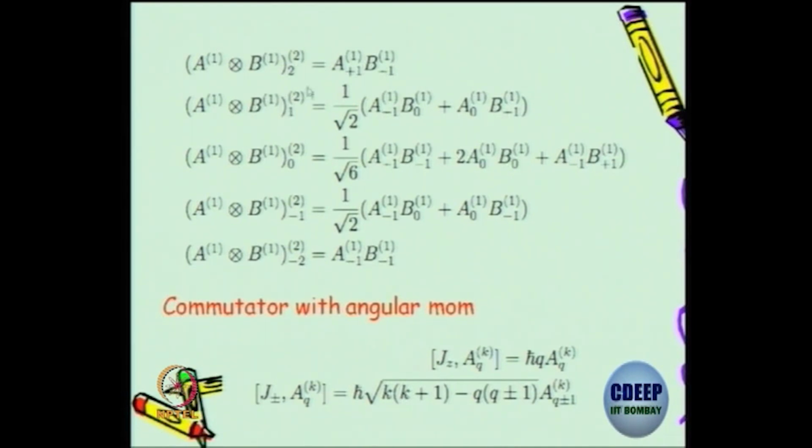If you want to do the 1-2 component, you have to apply the CG coefficient. You do it for the states. That's also another exercise. For two spin 1, you do the state CG coefficient. The same thing will be applicable here. And you have to make sure that this is total M is 1. This is the total Q. Q1 plus Q2 should add up to give you Q. That is important. This is exactly what is happening.